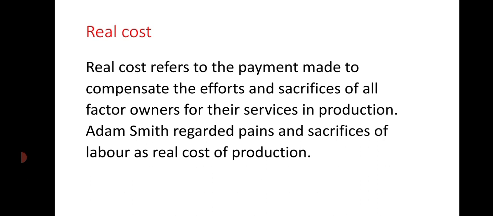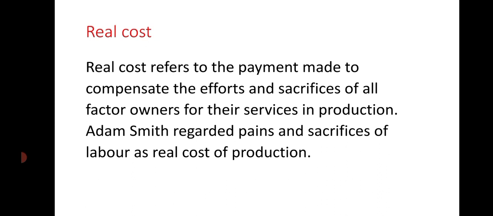But real cost in general means sacrifices of landlords or factor owners to produce the product. But this real cost is not expressed in terms of money.